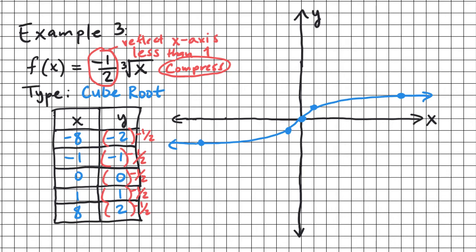This first value here equals, what's -2 times -1/2? A negative times a negative is a positive, and half of 2 is 1. The next one, -1 times -1/2 is a positive, and what's half of 1?